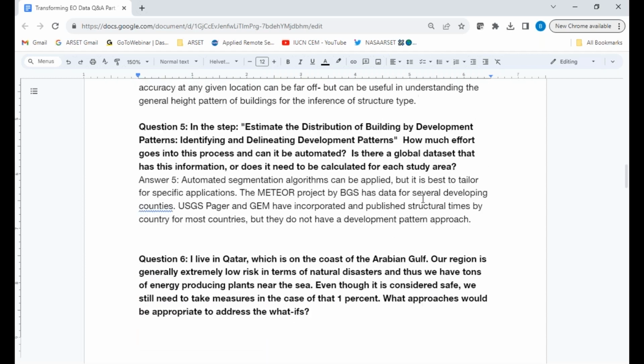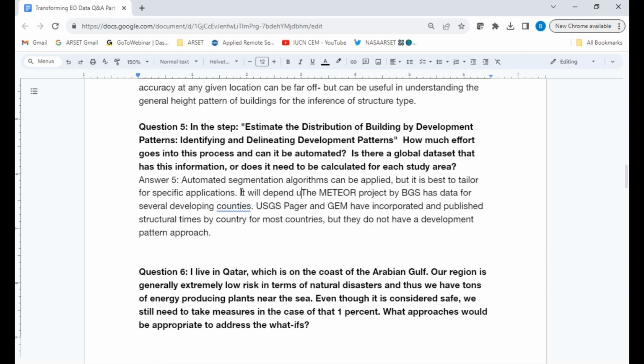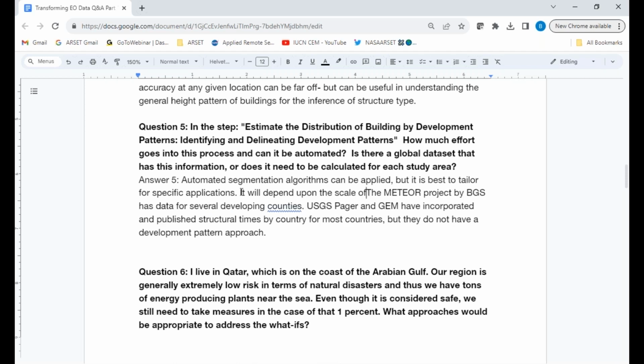Question 5, in the step of estimating the distribution of buildings by development patterns, identifying and delineating development patterns, how much effort goes into this process and can it be automated? Second question to that is, is there a global data set that has this information, or does it need to be calculated for each study area? A lot of the answers to these questions will depend on the scale of the work that's being done. We almost never use automated detection algorithms.